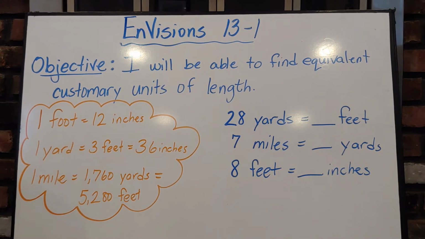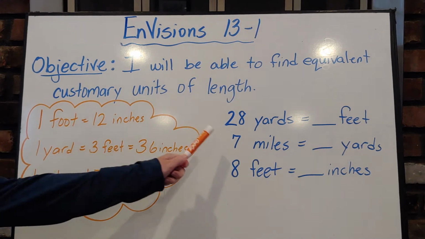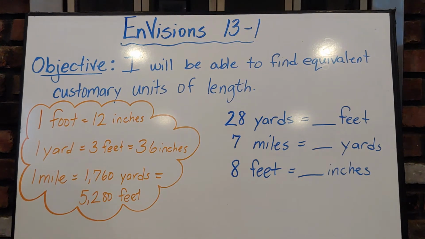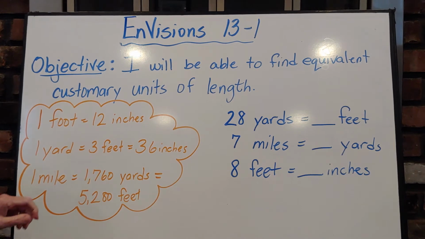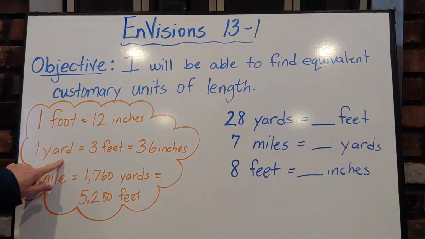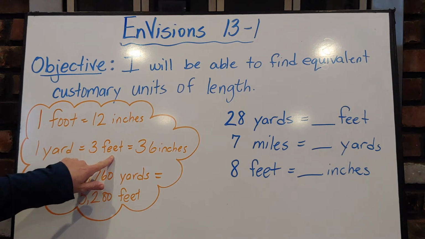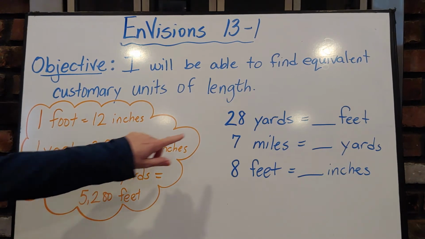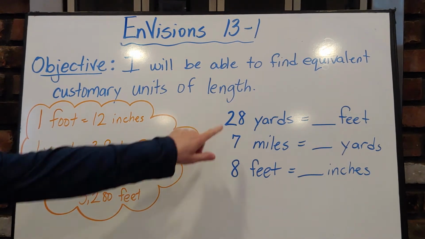So we're going to do a couple of examples today, and then you're going to be working on Math IXL again for the customary units of length. Alrighty, so 28 yards equals how many feet? Well, we have to go back and say 1 yard equals 3 feet. So how many feet would be 28 yards?